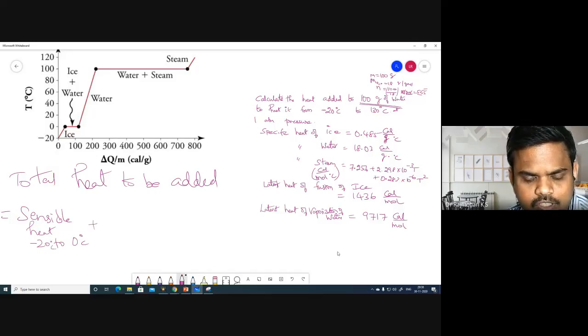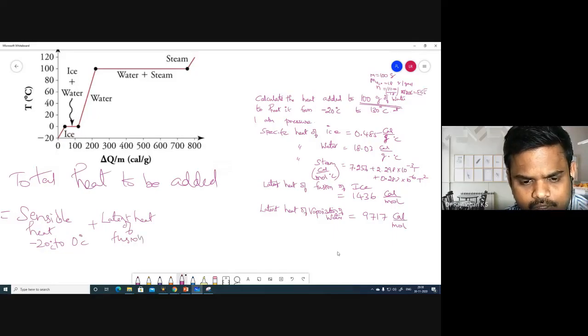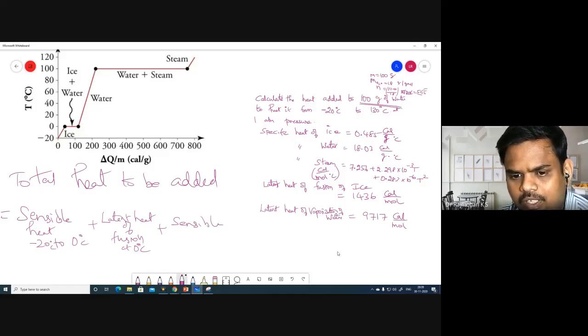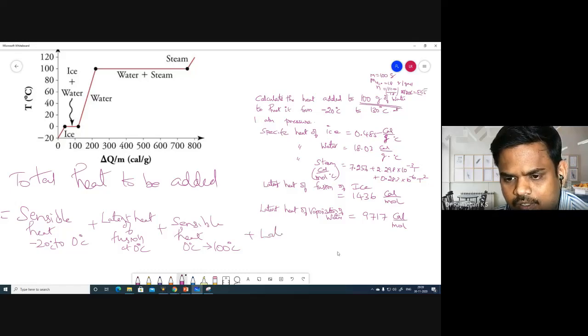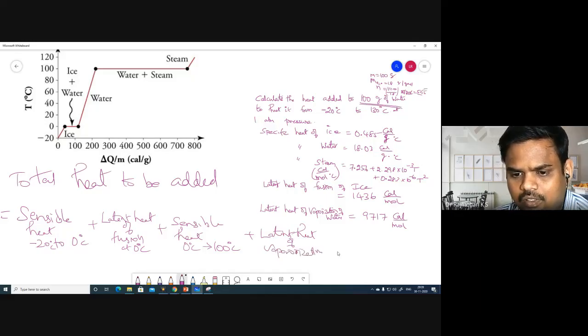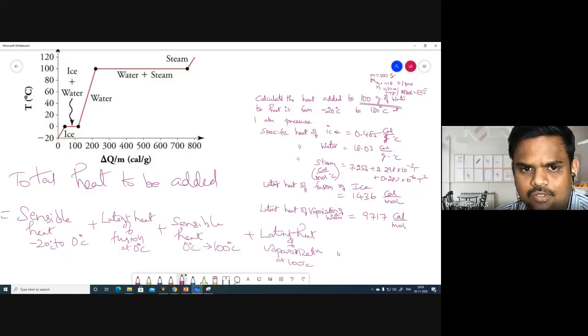That is one sensible heat. Then we have the latent heat of fusion, which takes place at 0 degree Celsius, plus again sensible heat to heat the liquid from 0 degree to 100 degree Celsius. Plus again the latent heat of vaporization at 100 degree Celsius. This is what takes place here.